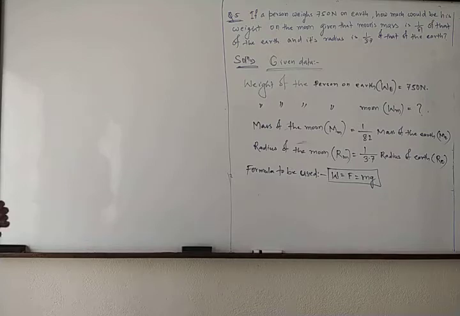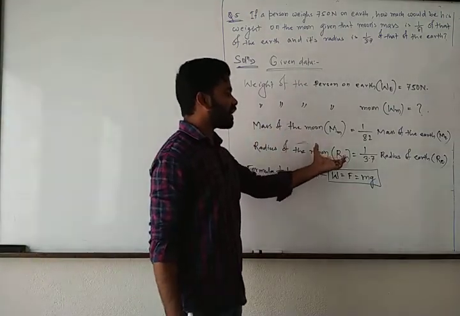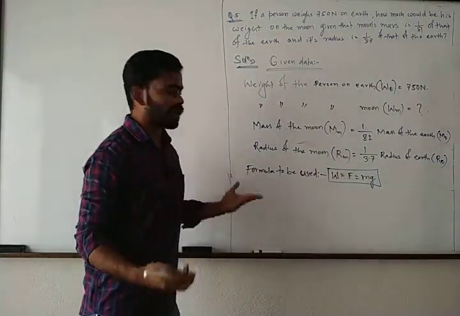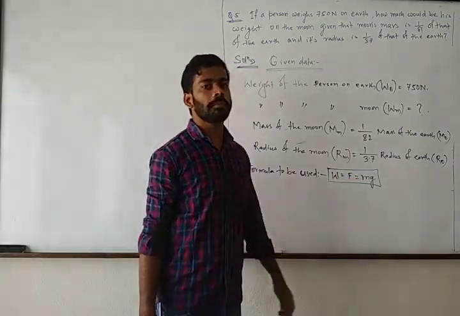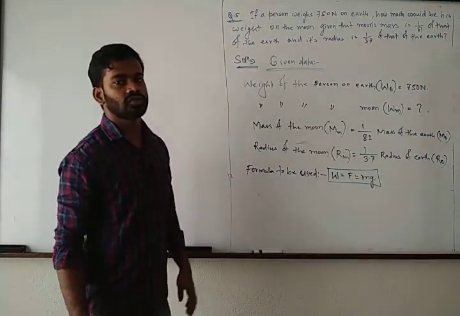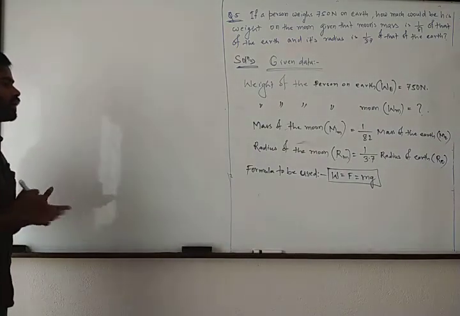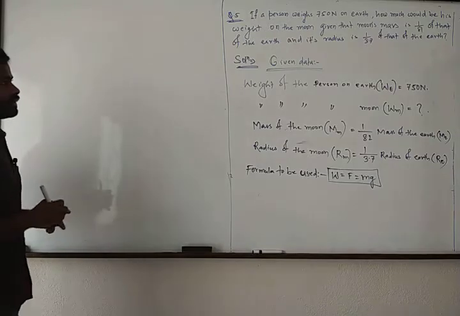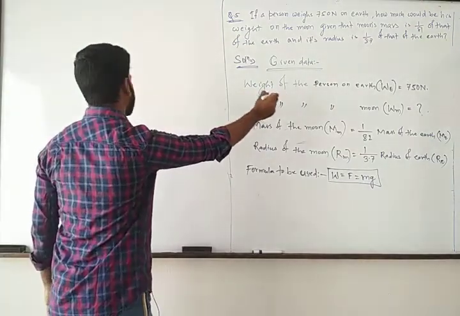यहाँ पे सब कुछ दिया गया है, मास दिया गया है, रेडियस दिया गया है, तो एक्सेलरेशन ड्यू टू ग्रेविटी कैलकुलेट कर सकते हो, but mass of the person is not given. So our first task is we should calculate the mass of the person. So weight of the person is given.